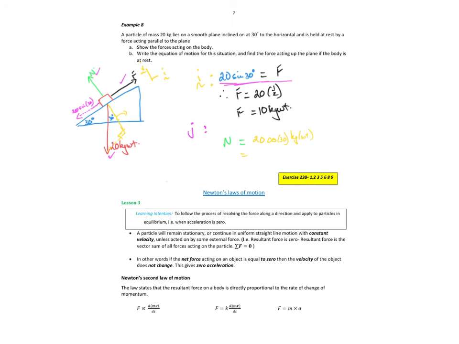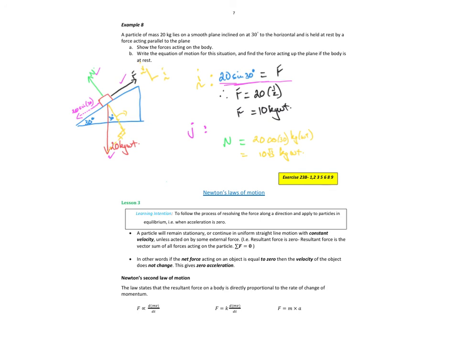And if I wanted to find that normal force, cos of 30 is root 3 on 2, so it's 10 root 3 kilogram weight. So I've got a 10 kilogram weight acting down the plane, and I've got a 10 root 3 kilogram weight acting perpendicular to the plane.